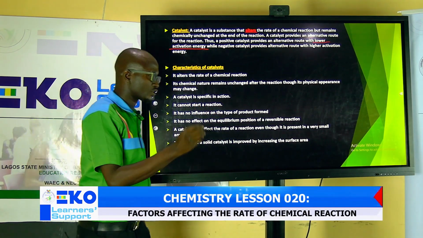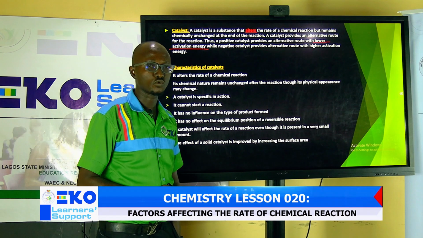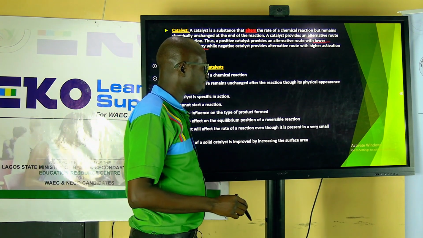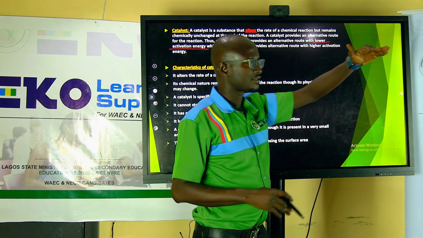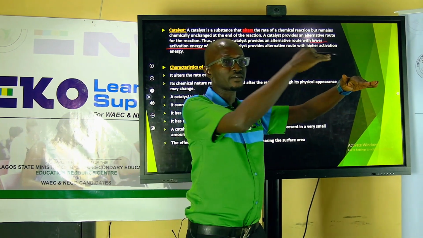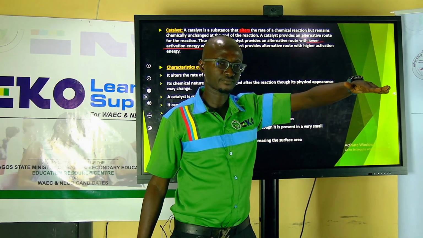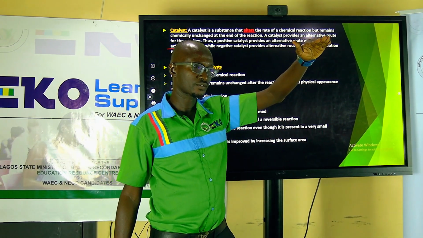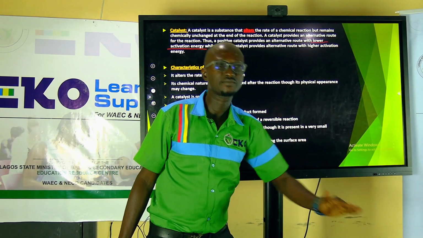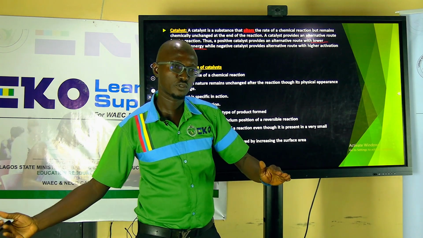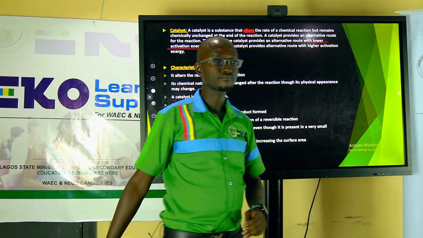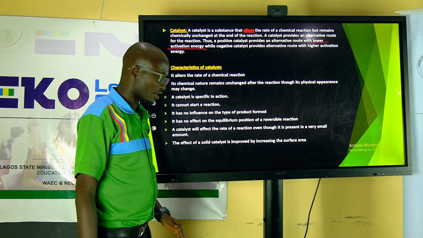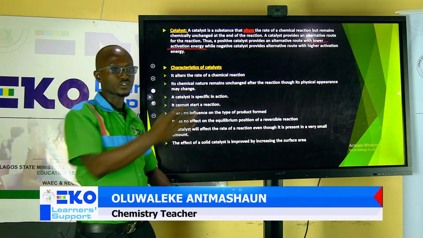Let's liken it to your high jump. Let's assume you are having a high jump in school, and the height that the student has to jump over is very high. But after we reduce it, many students will be able to fly over.